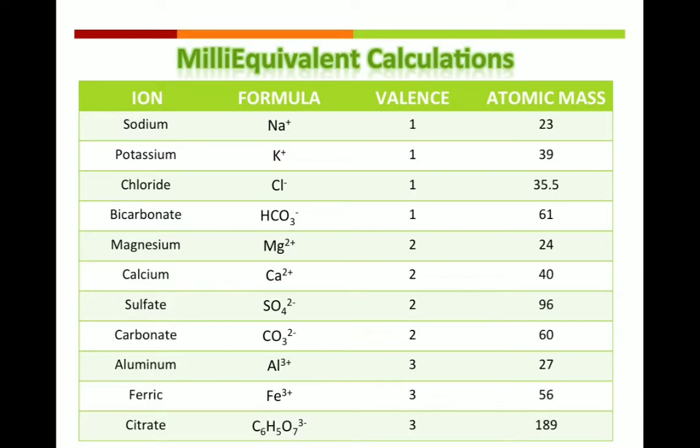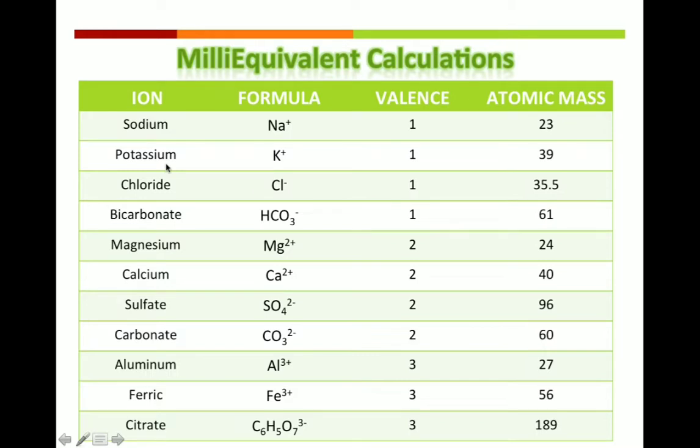Initially, when you are practicing, download a periodic table. I will give a link in my description which is available free on Google, or at least you have to remember these ions. These are the most commonly used ions in exams in pharmacy.